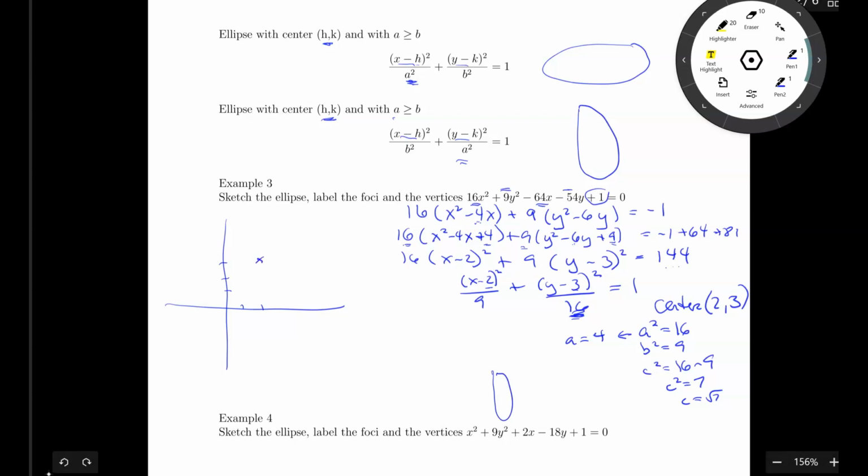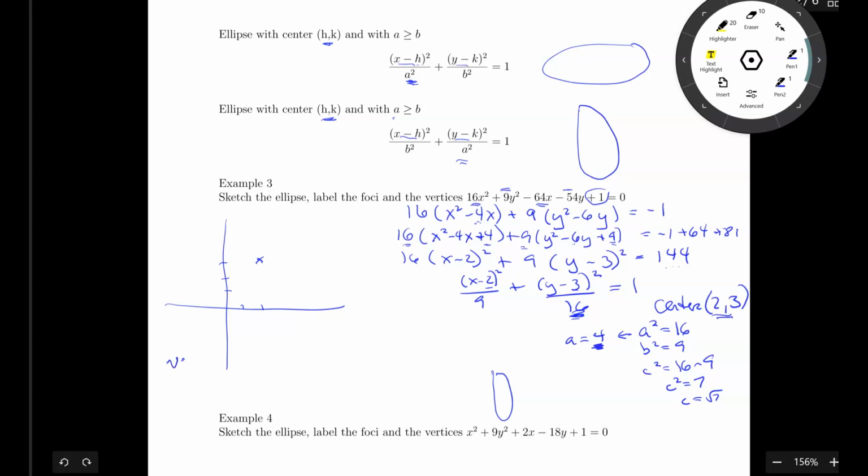Now you don't have to draw little tick lines, but I just want to try to draw a little bit to scale. From this point (2, 3), I want to move up and down by 4 in the y direction.